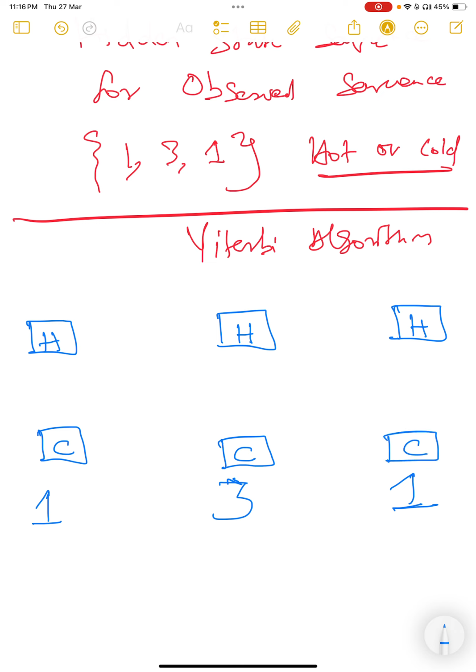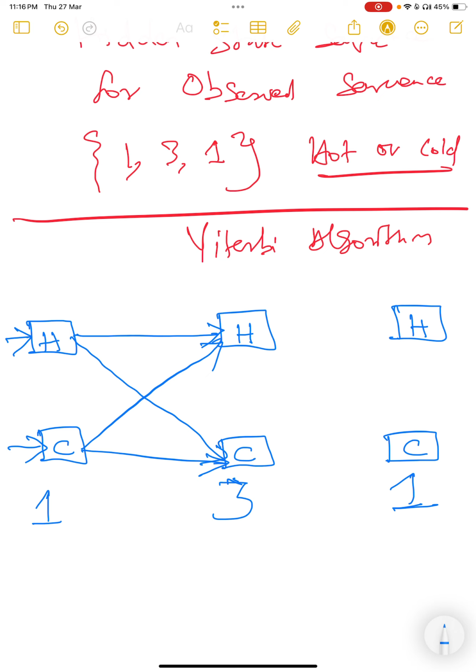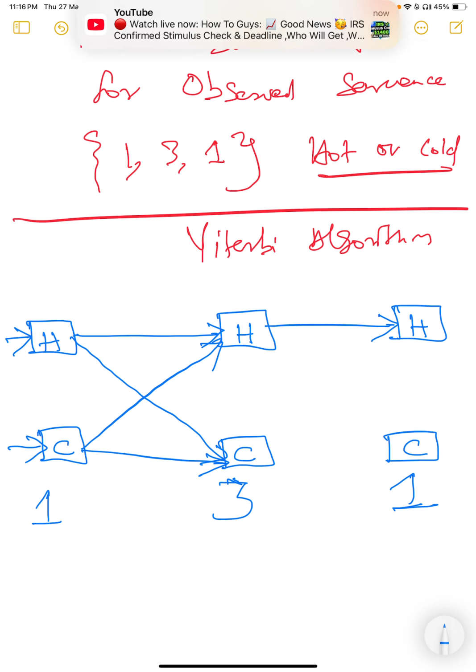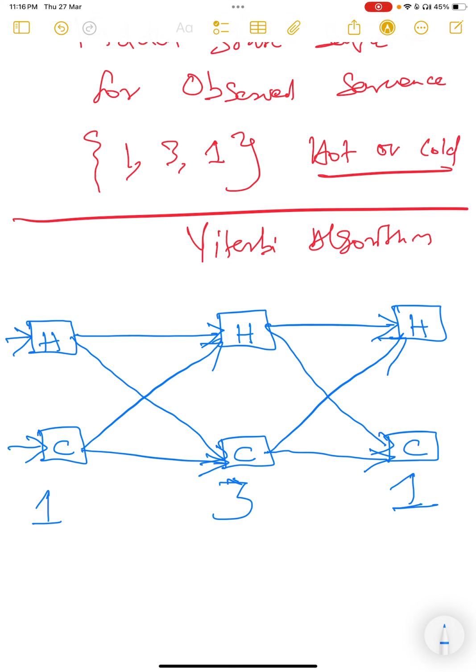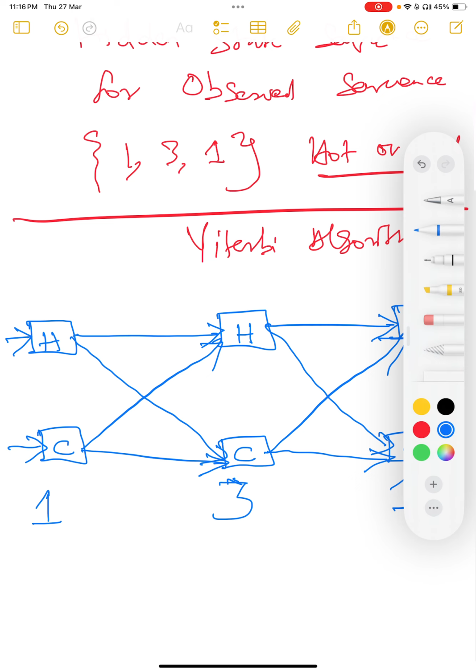So the first day it can be hot or cold, the next day it can be hot or cold, and the third day it can also be cold or hot. It can have any combinations.